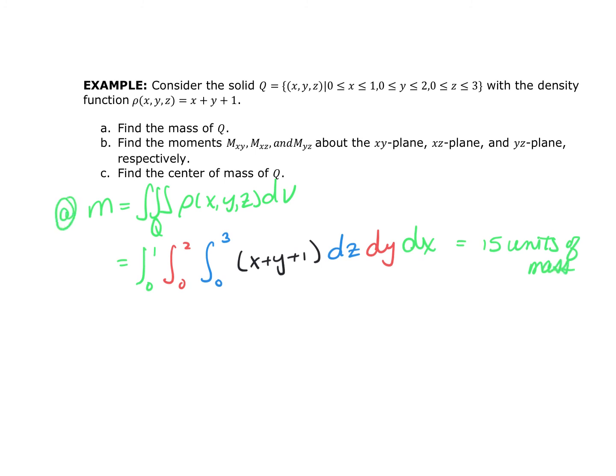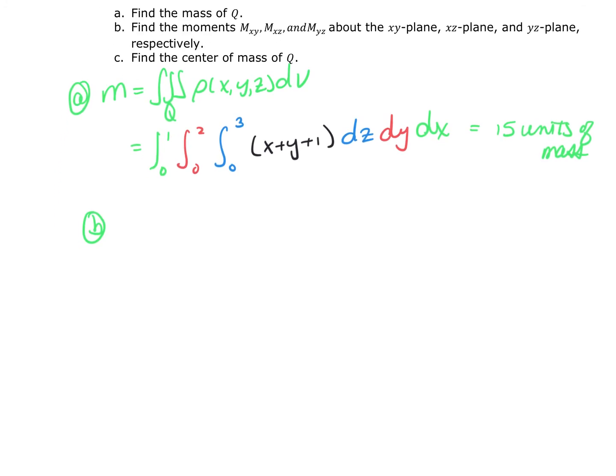So here's part A. Let's take a look at part B. We want to find the moments in terms of the Myz, Mxz, and Mxy. So let's just start with one of them. M with yz is going to be equal to the integration over my Q of x rho xyz dV.